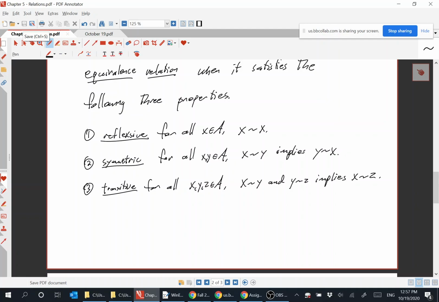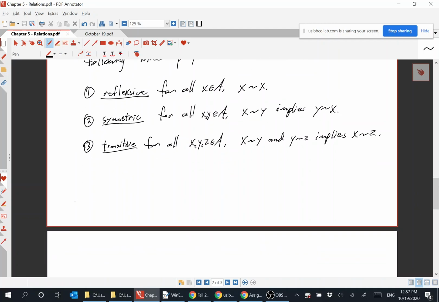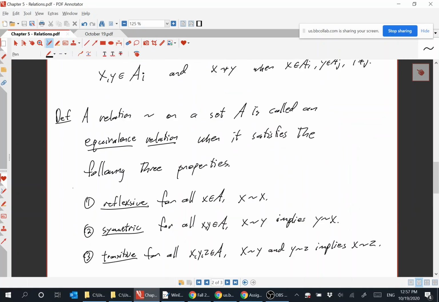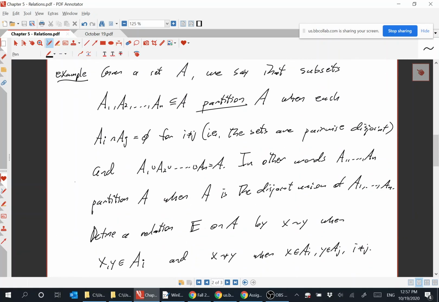Given an equivalence relation, let's show that this partition relation is an equivalence relation.